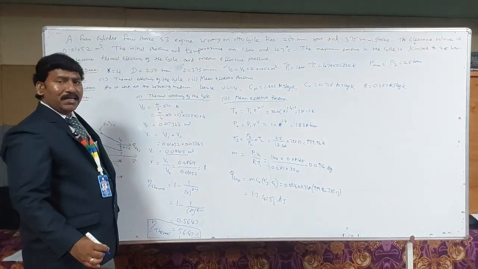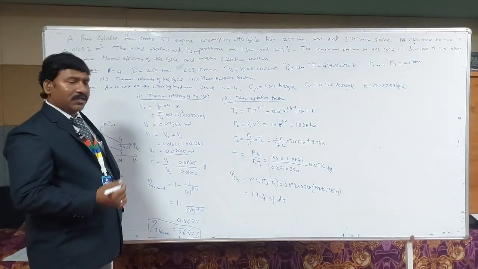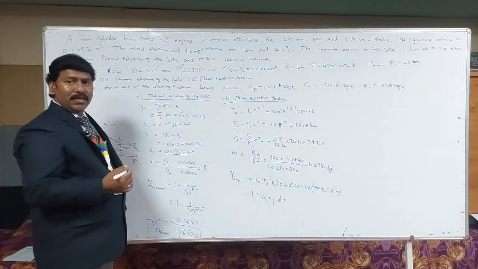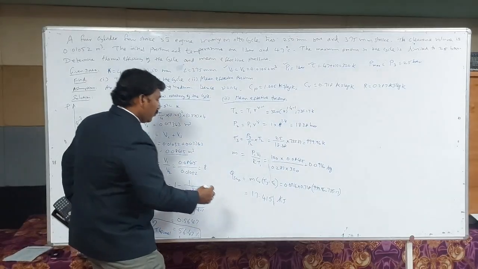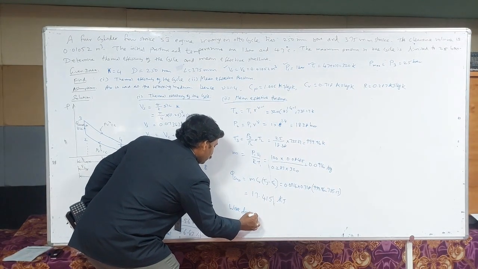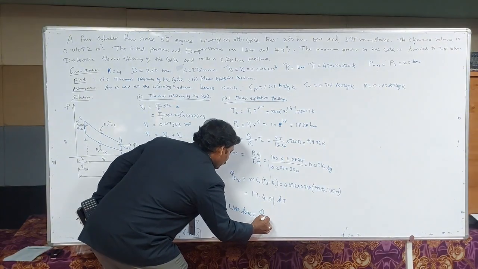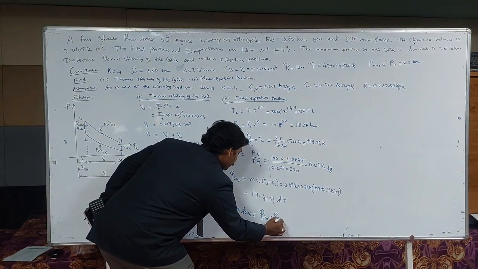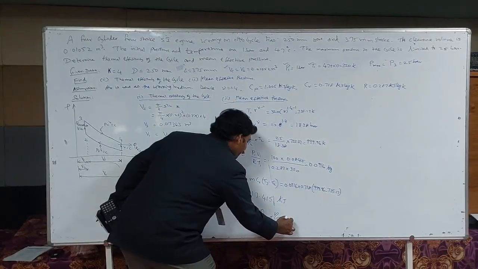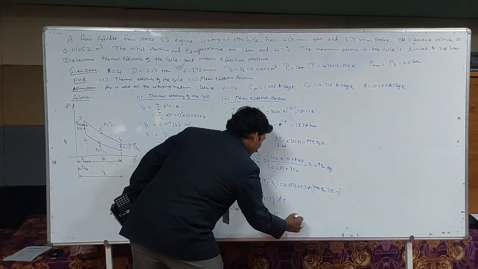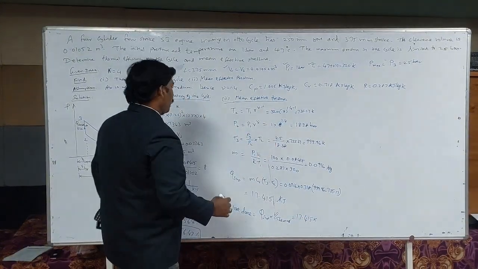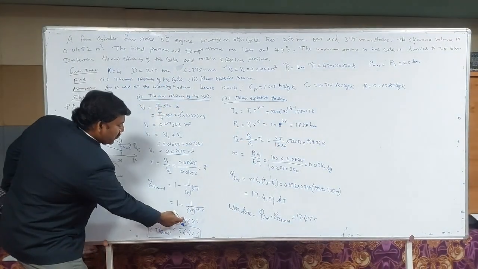Now I want the work done. Why am I finding work done? Because mean effective pressure is nothing but the work done per swept volume. So work done is equal to heat supplied into the efficiency of the thermal cycle. I substitute heat supplied, which is 17.415, into the thermal efficiency, 0.5647.